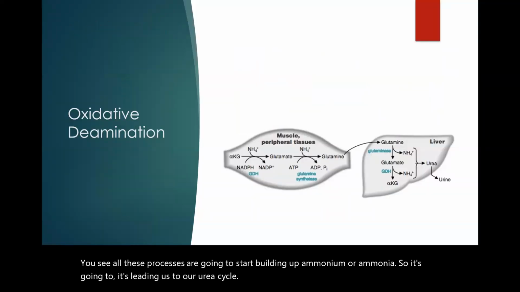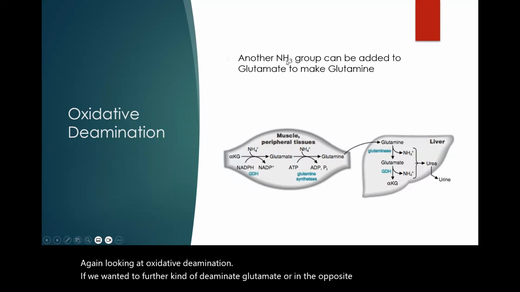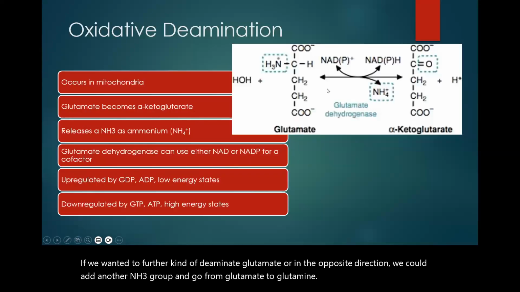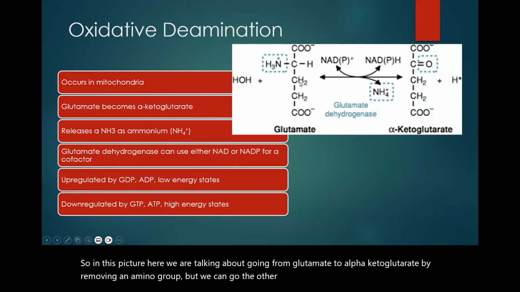Again, looking at oxidative deamination, if we wanted to further deaminate glutamate, or go in the opposite direction, we could add another NH3 group and go from glutamate to glutamine. So in this picture here, we are talking about going from glutamate to alpha ketoglutarate by removing an amino group, but we can go the other direction, like I said.